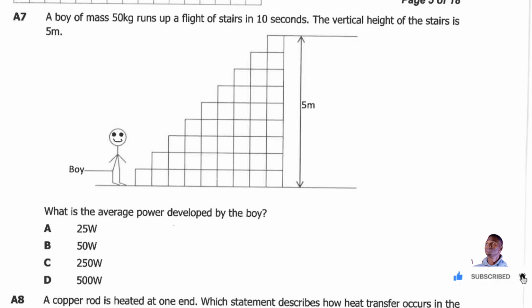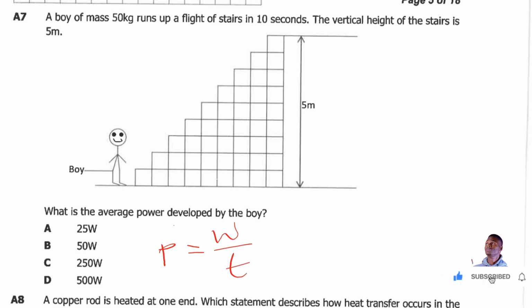This is simple, but you need to first calculate something. First, let's analyze the formula for power. The formula for power here is work done over time taken.